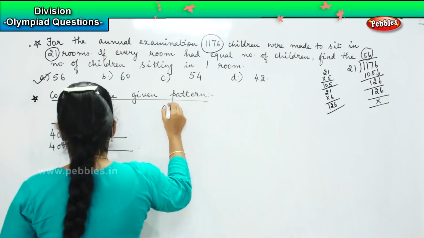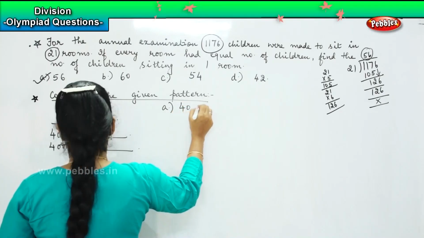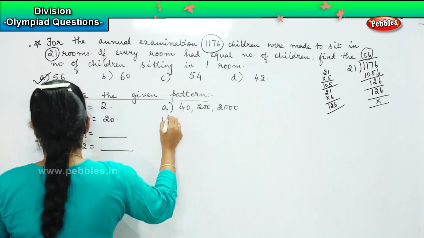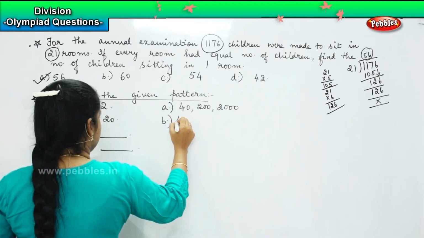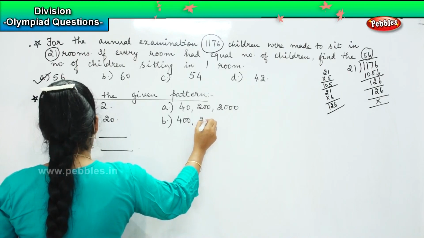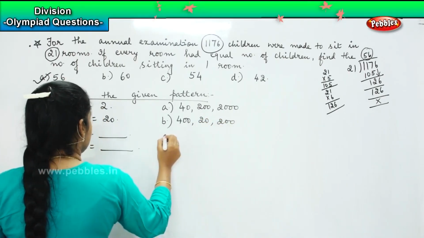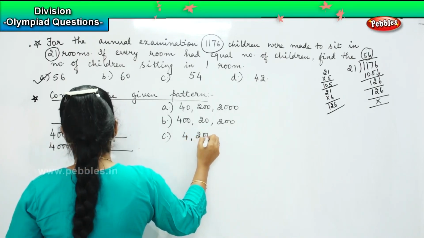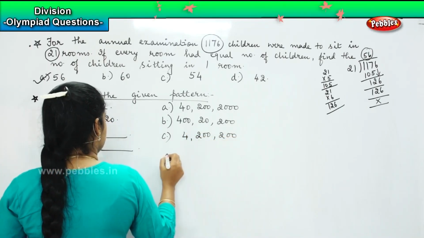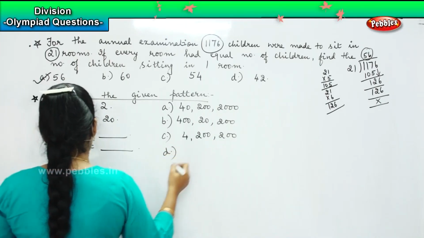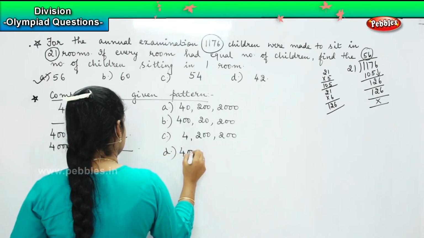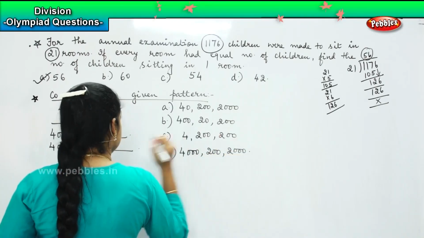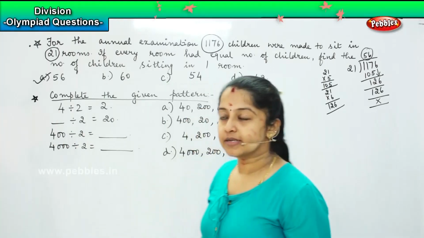The options given here are A is 40, 200 and 2000. Option B 400, 20, 200. Option C 4, 200, 200. And option D, it's 4000, 200 and 2000.